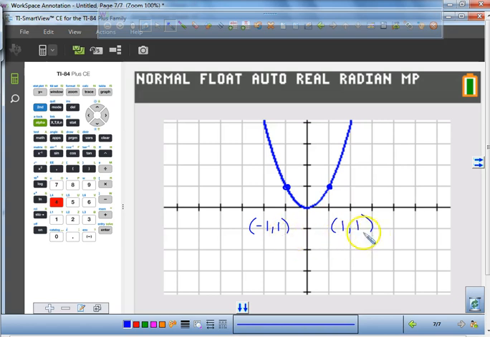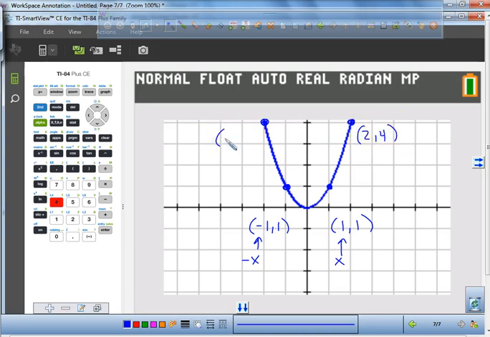They share the same y value, but if we call this x, this is going to be -x. So what happens? If you have, right up here, this point and this point, this is a 2 and a 4. What's that?